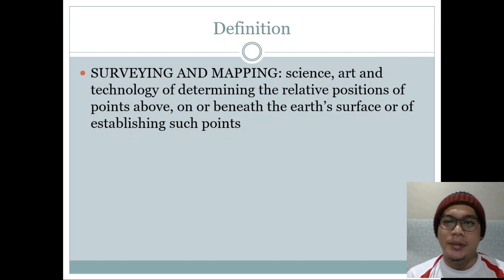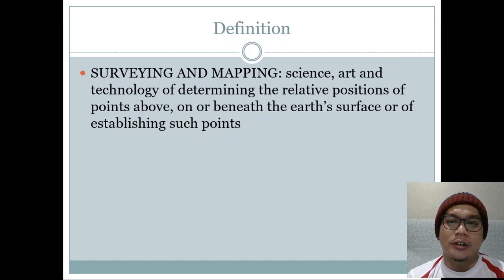Surveying and mapping is a science and art as well as technology of determining the relative positions of points above, on, or beneath the Earth's surface, or of establishing such points. Meaning to say that for survey and mapping, they are methods, techniques, and steps, which is science.